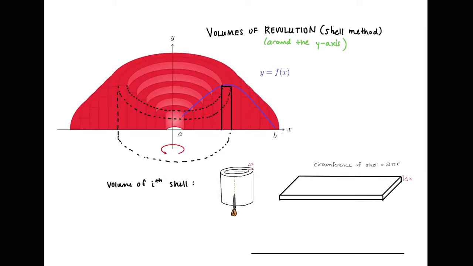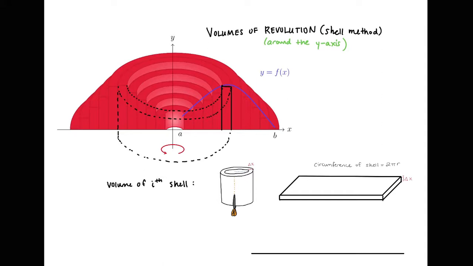The reason we're calling it a shell is because it's a very thin, hollow cylinder. So taking that and looking at all the different rectangles, you can see we have kind of a rough approximation of our solid that's going to look almost like a hollow cone for this particular curve.